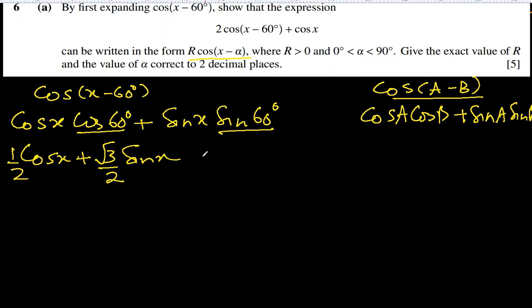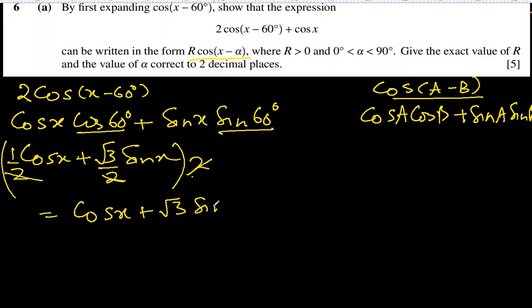This is the expansion of cos(x minus 60), and I did not write the 2. That reminds me, I have to multiply this whole thing by 2. And when I multiply by 2, these two denominators will get cancelled out. The new expansion is cos x plus square root 3 sin x.